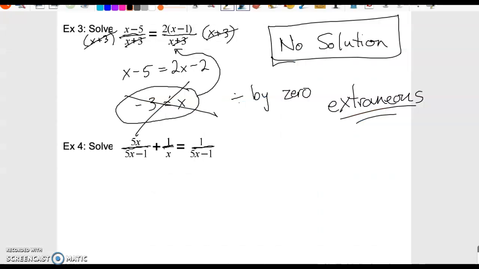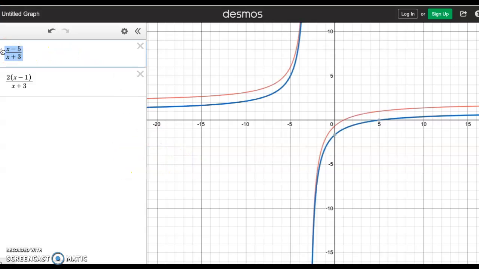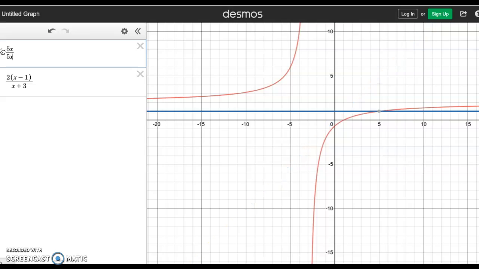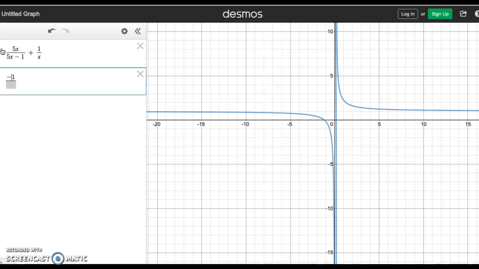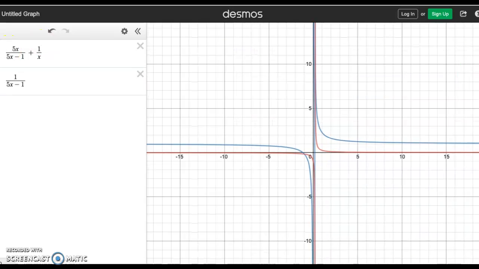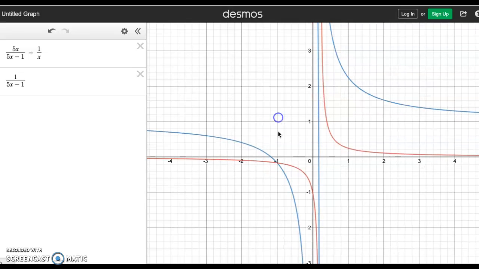So maybe while I'm at it, I might as well show you that you can use a graphing calculator to see. If I were to type in 5x over 5x minus 1, just looking at the next one already, plus 1 over x, delete all this, and then the other one has 1 over 5x minus 1, and you zoom in to where it looks like the graphs cross each other, you can actually see an x value where they equal, x equals -1.